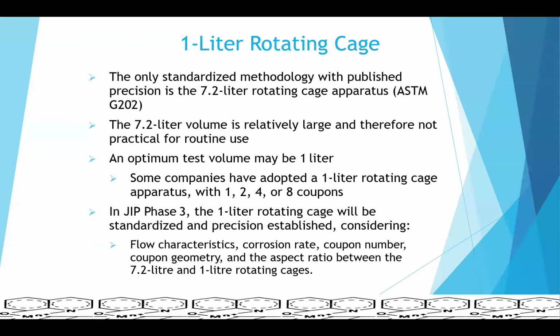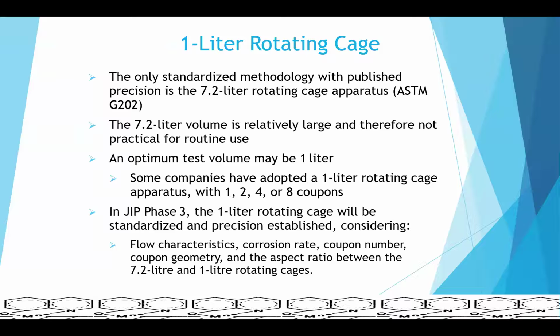And I had the privilege of visiting some labs which use 1 liter rotating cage, and they have their own apparatus, number of coupons, configurations. Some companies use 1 coupon, some companies use 2 coupons, some use 4 or 8. But that is okay. The issue is that they claim that they follow ASTM G202.